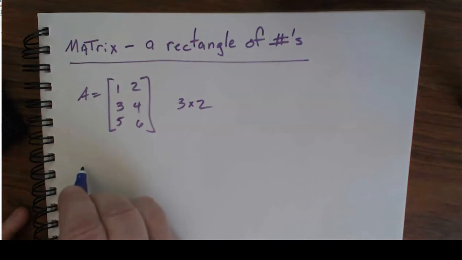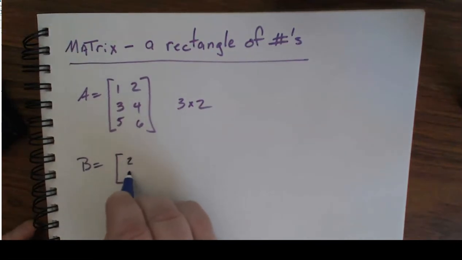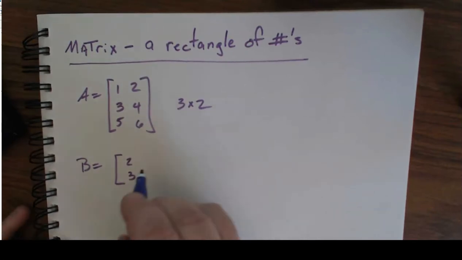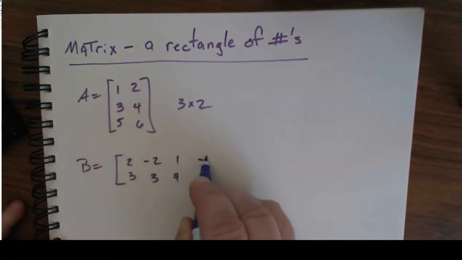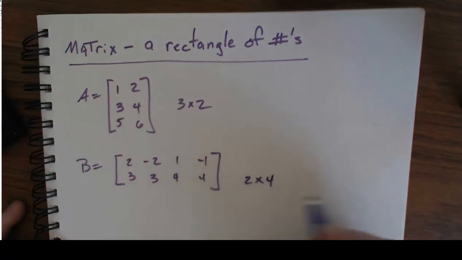Notice that B is 2 rows and 4 columns, so this is 2 by 4.